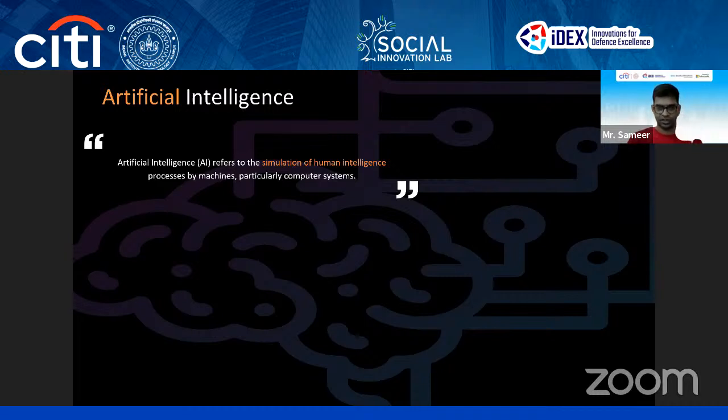It is artificial in nature; it is a team of humans building these machines in the back, right? So we wanted to simulate human intelligence: to learn as if it was a human, to reason as if it was a human, and to self-correct as if it was a human. When we as humans go through a learning process, we do some research, we consume a lot of material, we read a lot of blogs, we watch a lot of videos, right?